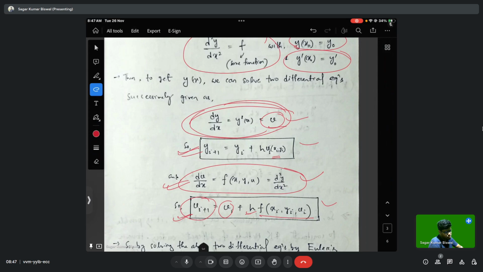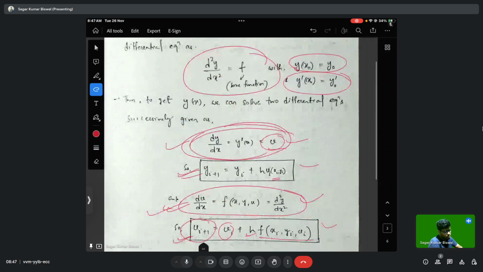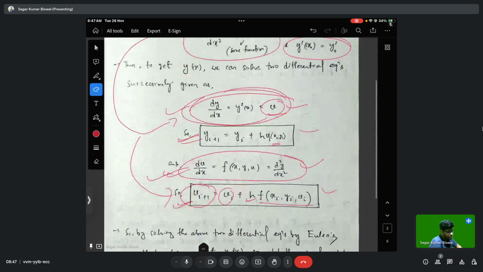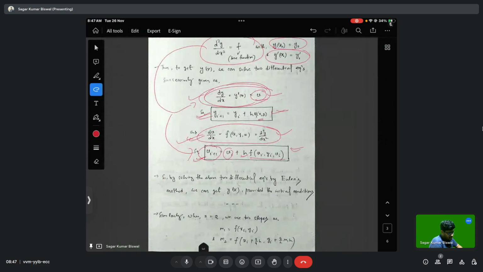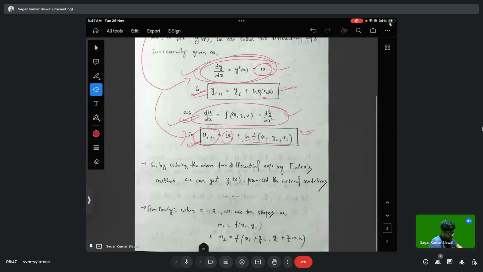So there are these 2 differential equations of first order. We converted the second order type to first order type and solve them individually using the Euler method, right? So that is how you solve by using the Euler method.